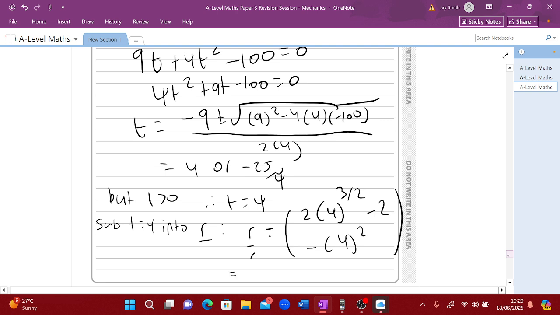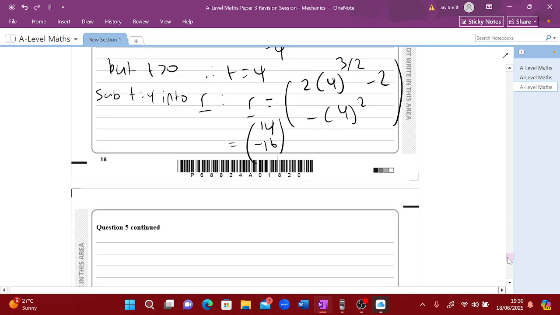So that's going to be the vector. If we plug that into the calculator, first of all, 2 times 4^(3/2) minus 2 gives me 14. And then the bottom bit would be minus 16, right? 4 squared is 16, then minus it. So that gives me the position vector at t = 4 relative to O.